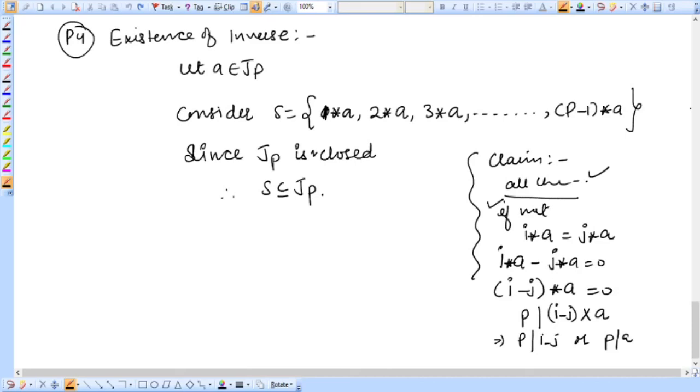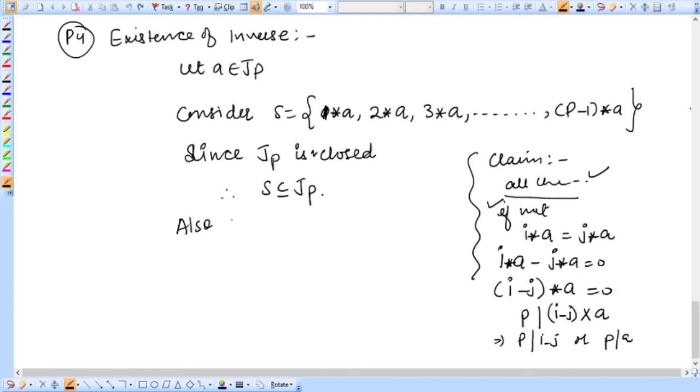Therefore, the thing I took in the beginning gives me a contradiction. Therefore my claim is right.